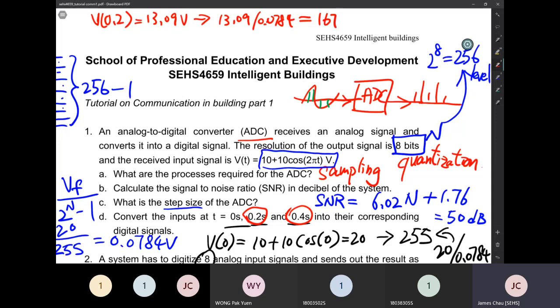Now similarly, if you substitute 0.4 into the function, you get the voltage value equal to 1.91. Again, you use the same method, divide it by 0.0789, and after rounding, you get the level equal to 24. Okay, do you get these two answers? Any question?